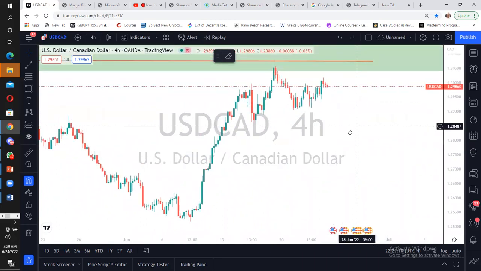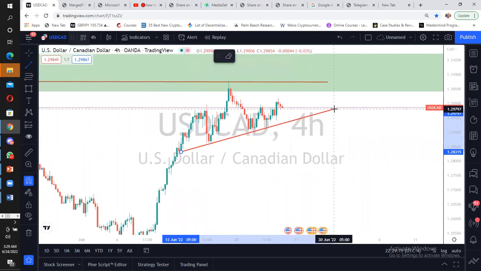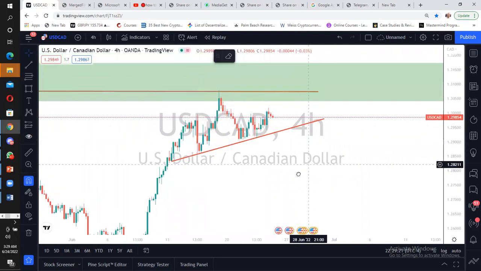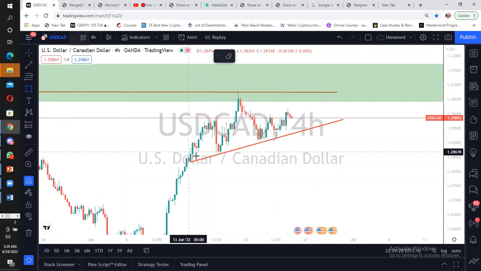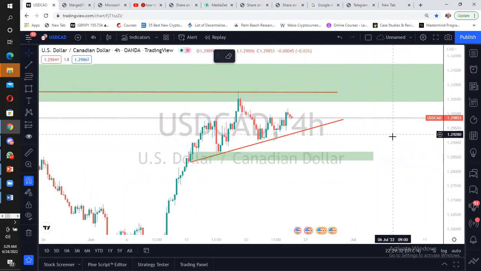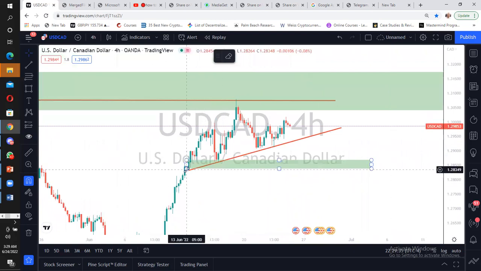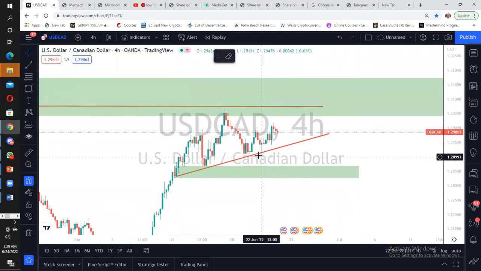Now, what we're expecting is this. We've gotten this, and we have this rotate trend line. Okay. And we'll have this OB. We'll have this OB. Good.